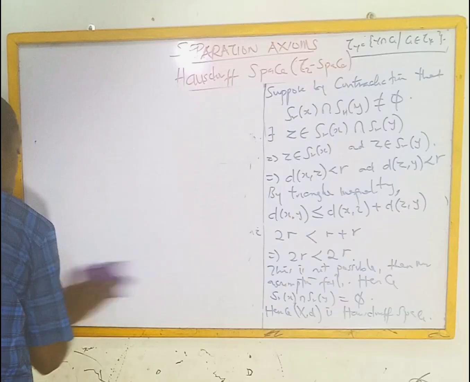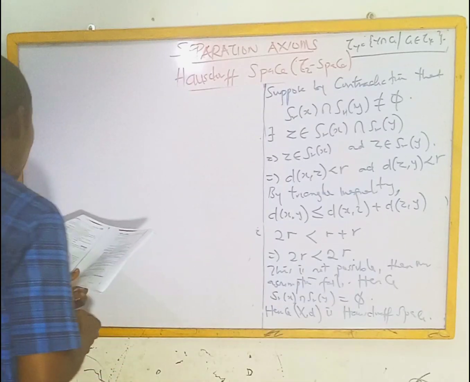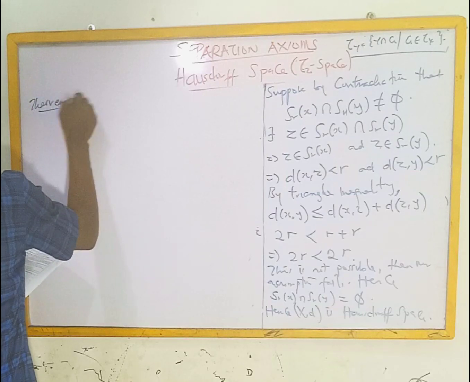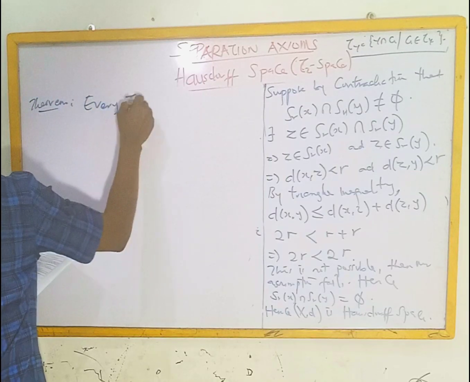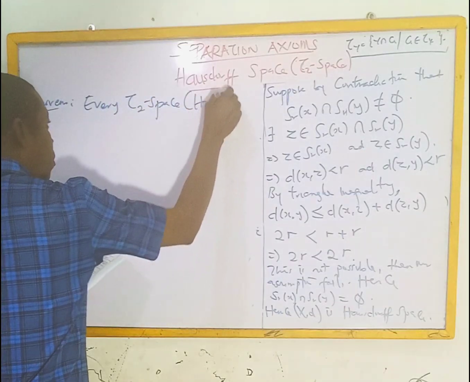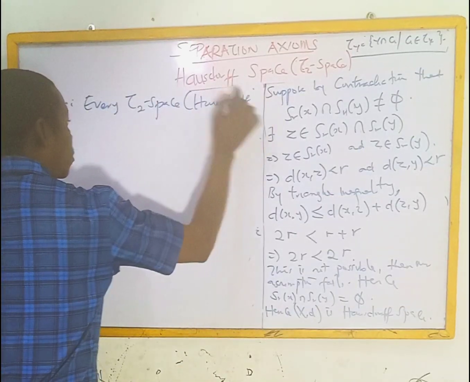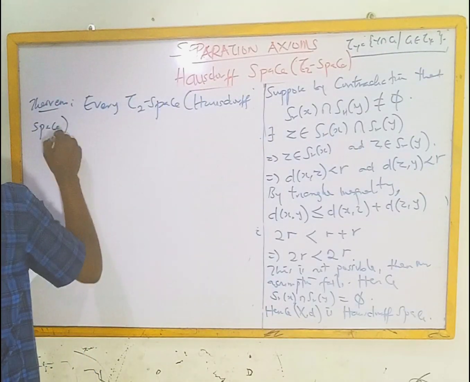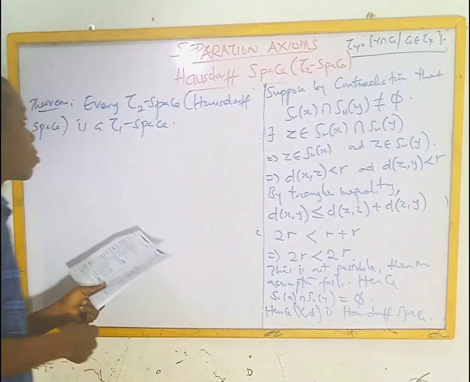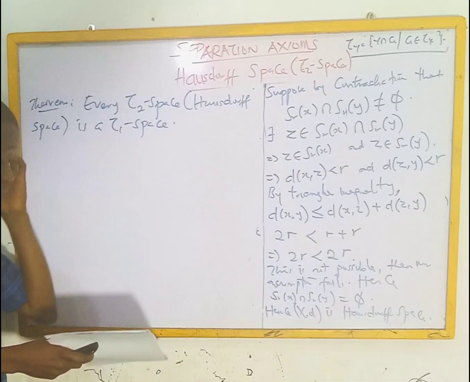It says that every tau 2 space, or Hausdorff space, is a tau 1 space. Wow. How do we prove it?